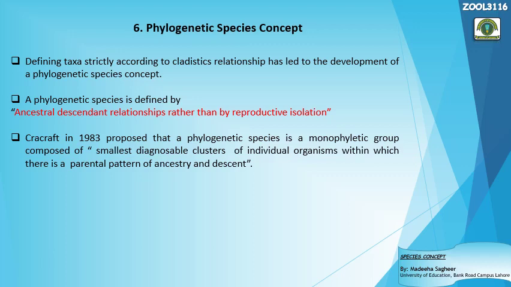Phylogenetic species concept actually believes in the cladistic relationship of organisms. If you come to the proper definition, it shows the ancestral descendant relationship rather than reproductive isolation. It does not show any reproductive isolation within the individuals of the species. It categorizes organisms up to the species level according to the ancestral descendant, cladistic relationship.